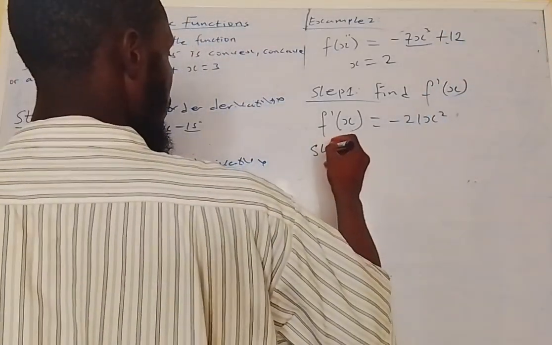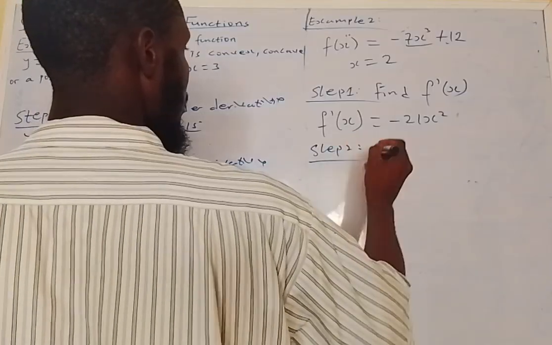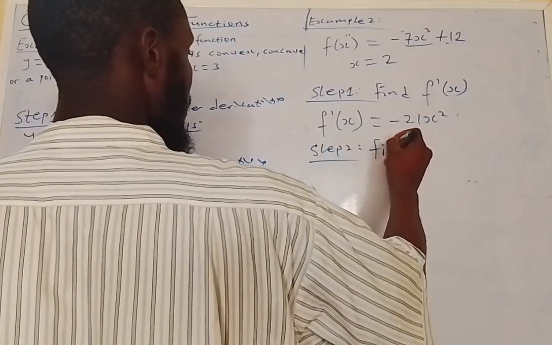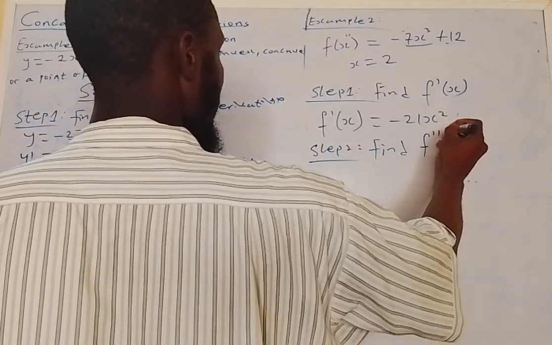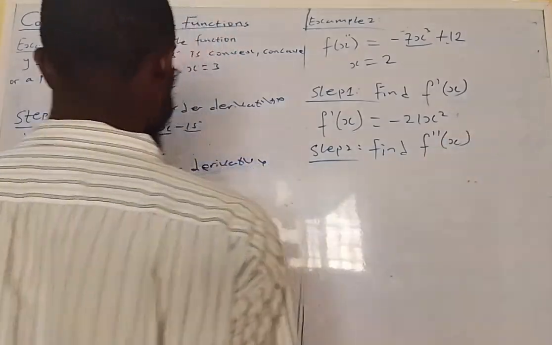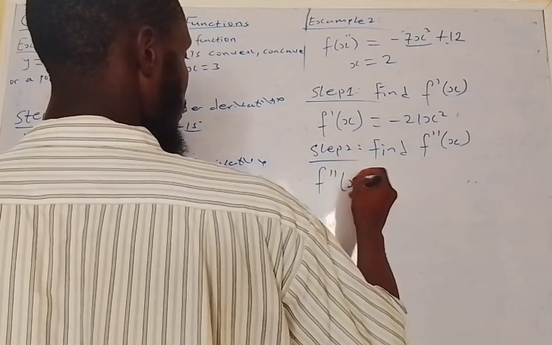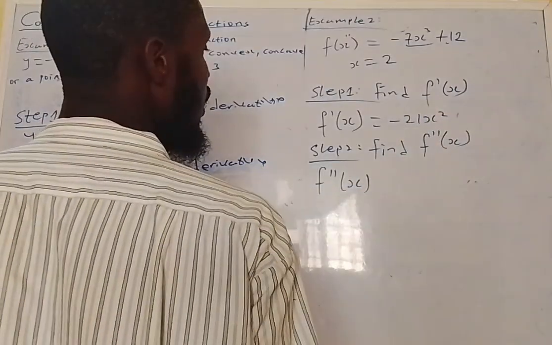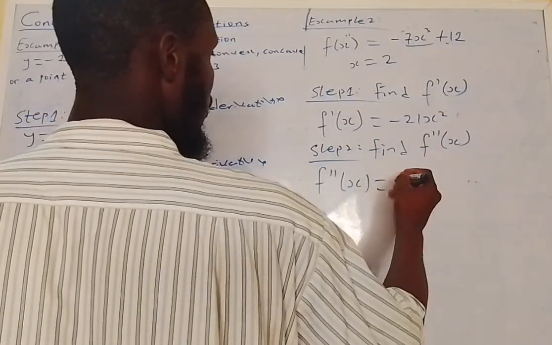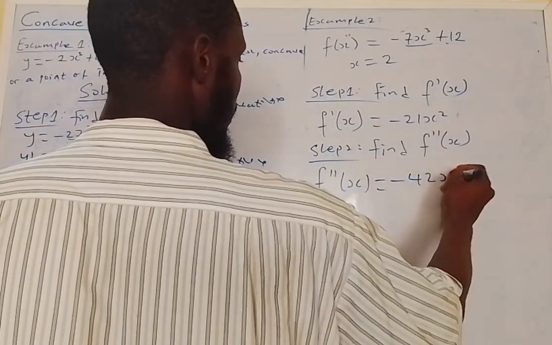Step 2: find the second order derivative, f prime prime. We differentiate once again, and that gives us minus 42x.